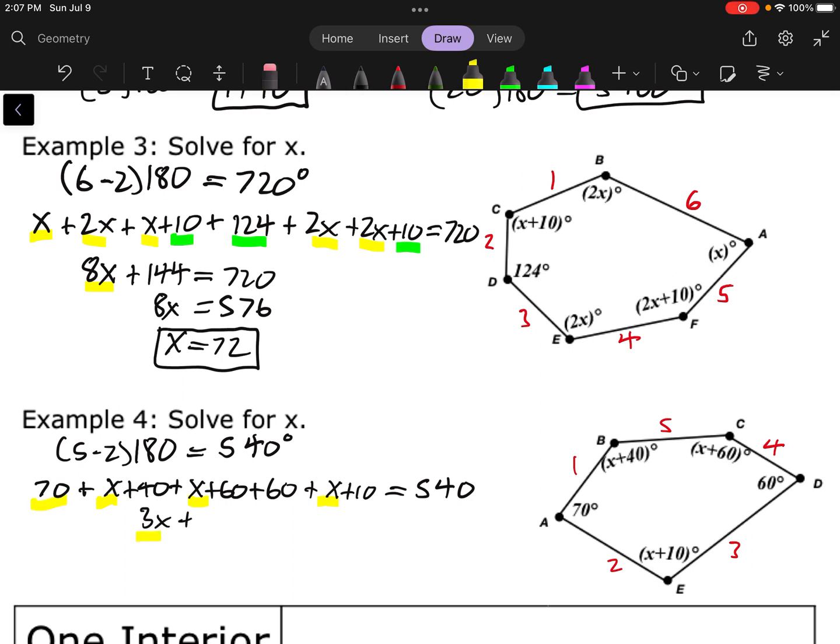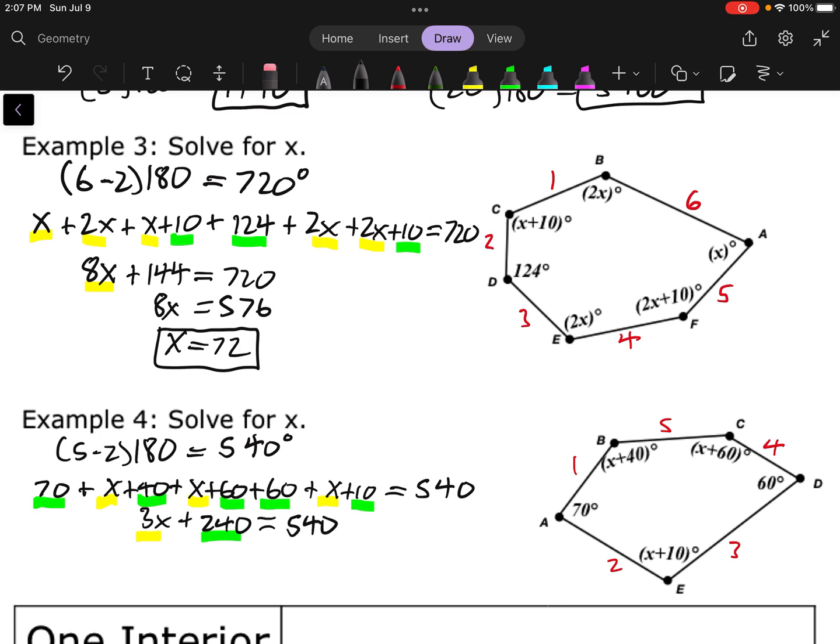For my constants here, I've got 70 and 40 and 60 and 60 and 10. If I add up all of those, what am I going to get? 170, 230, 240 for all the constants. That's equal to 540.